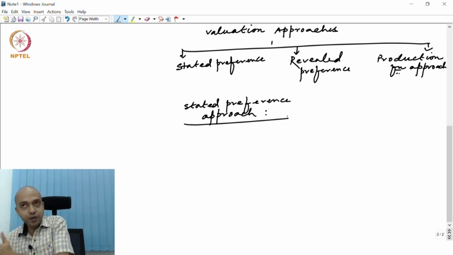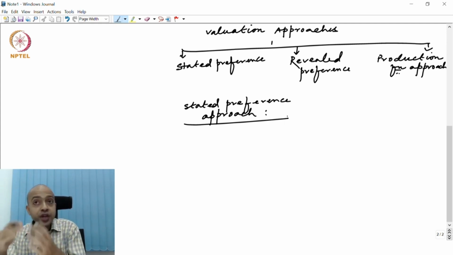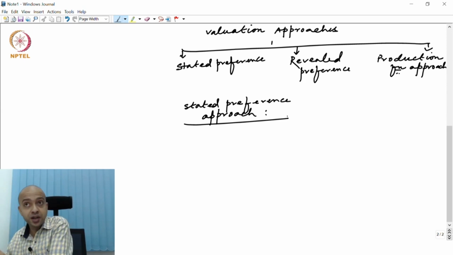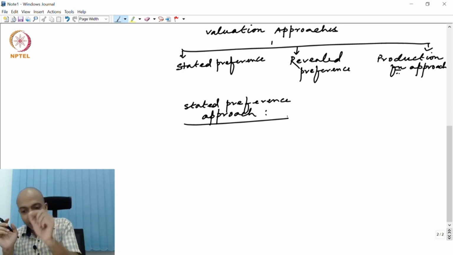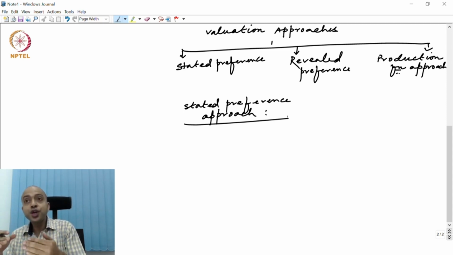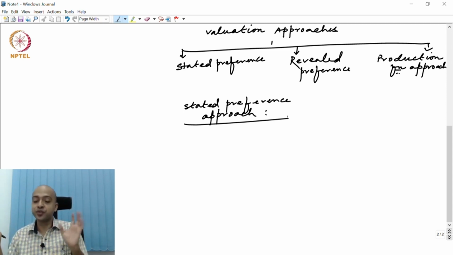Since there is no direct market for the environmental goods and services, we create a hypothetical market for environmental goods and services. How to create that market, that we will discuss in detail in a later part of our discussion. Please keep in mind, in this stated preference approach, we create a hypothetical market for environmental goods and services, and we ask the respondents to state their preference for a possible change in environmental goods and services.